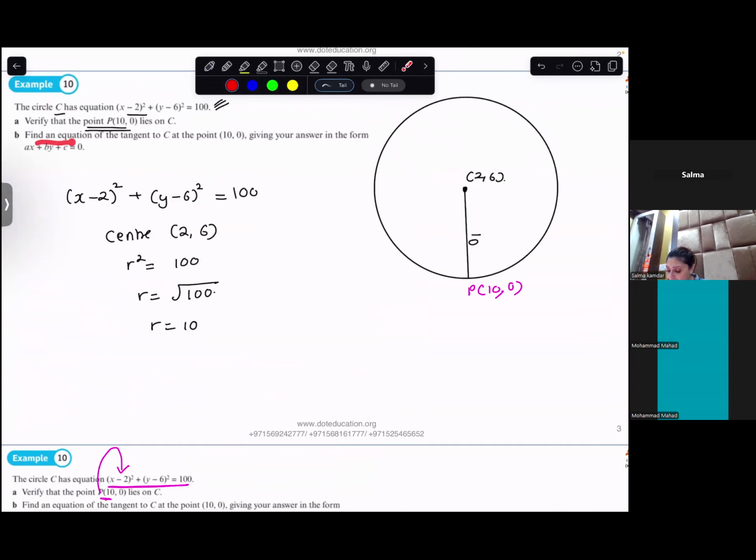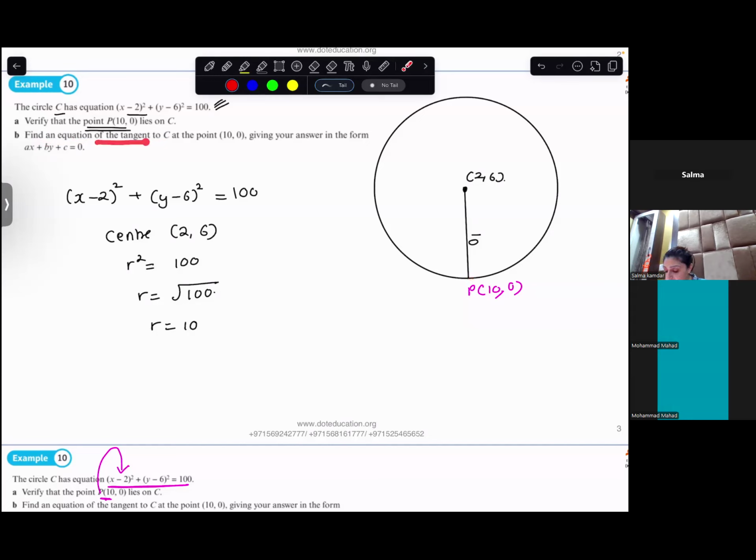Now, what do they want me to find? Find an equation of the tangent to C at the point (10, 0), giving your answer in the form ax + by + c = 0. So P is on the circle.